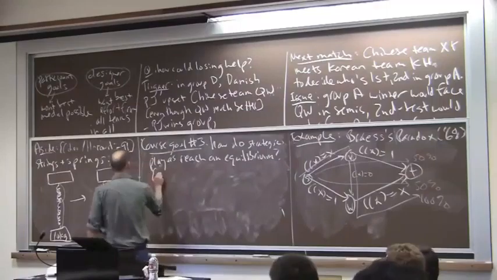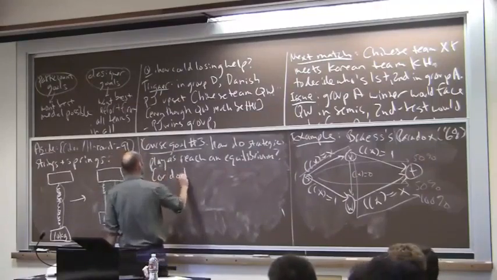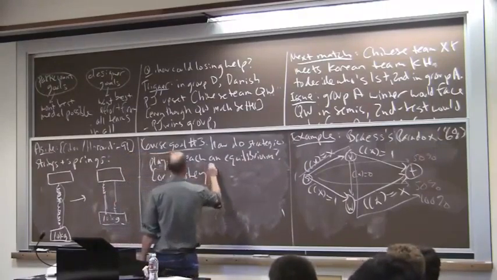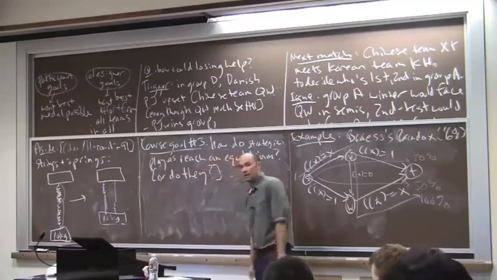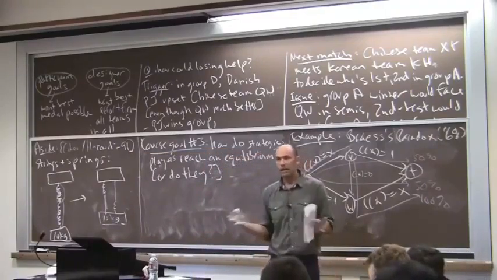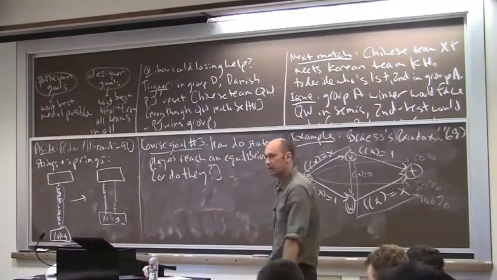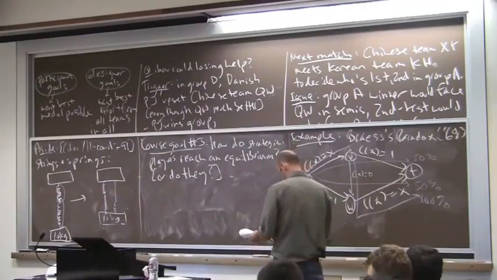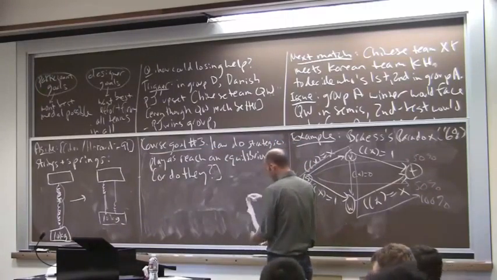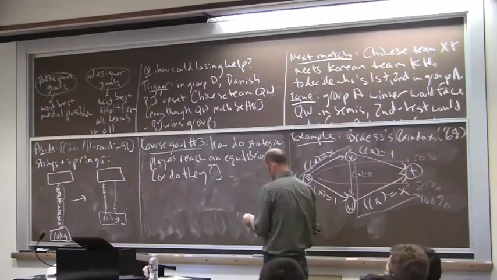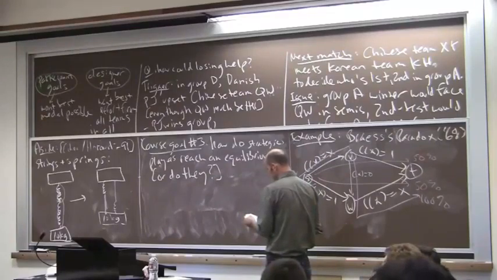Even more fundamentally, do they even reach an equilibrium? And what can complexity theory, computational complexity theory, tell us about this fundamental question?